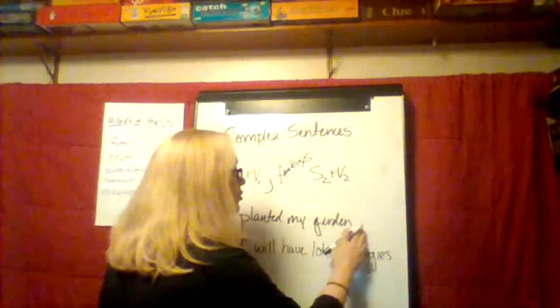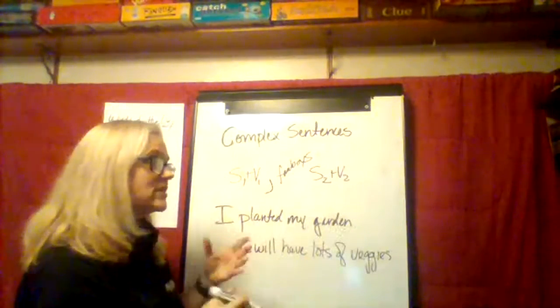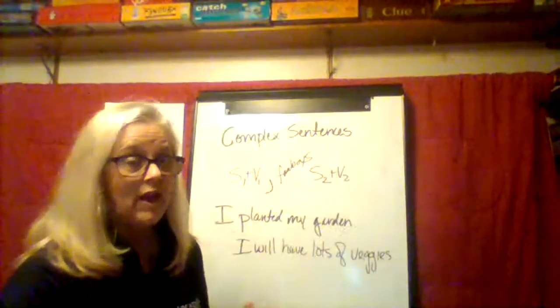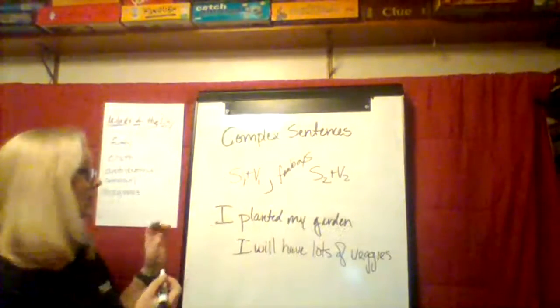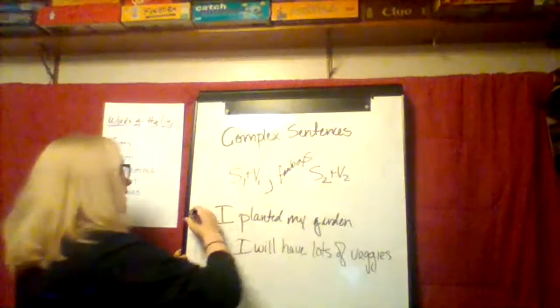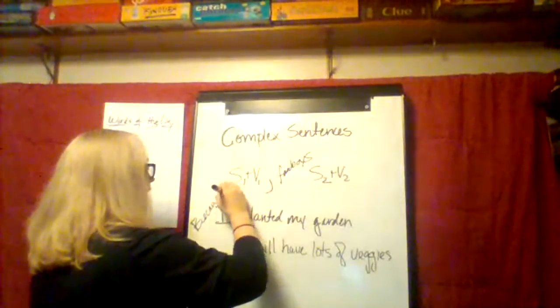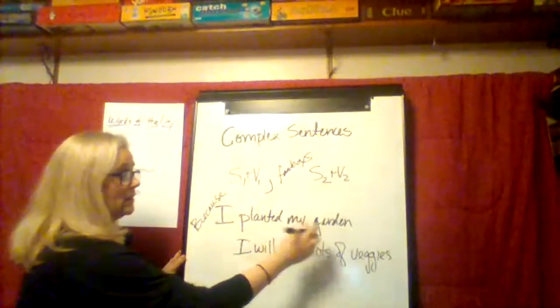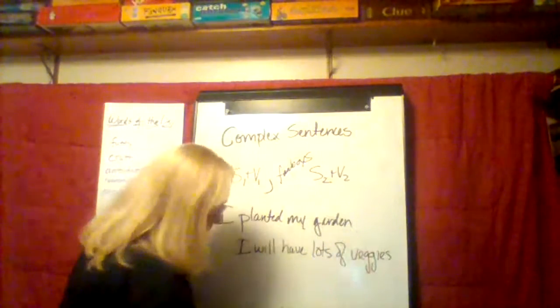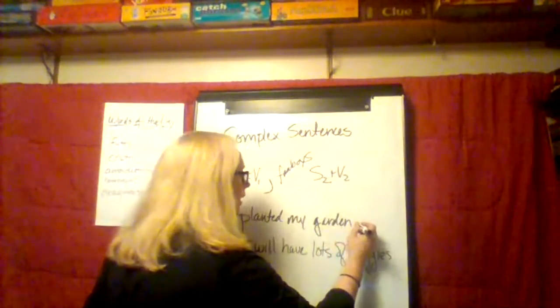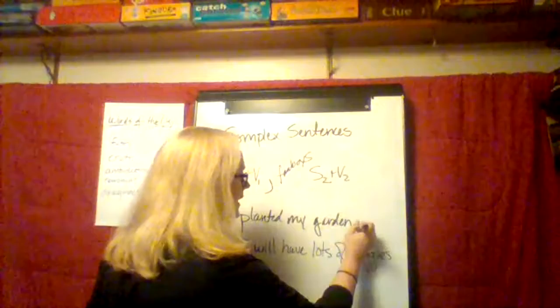But if I want to show maybe that there's a different kind of connection, I'm going to make one of them into a dependent clause. I'm going to make the first one. And I'm going to say, because I planted my garden, comma, see that comma there?